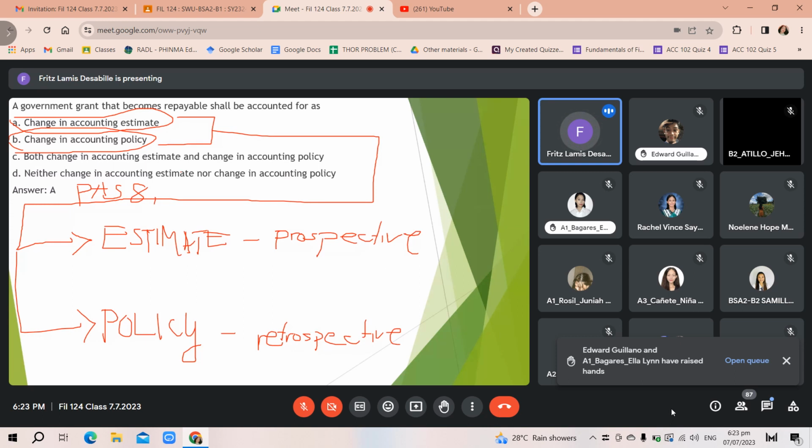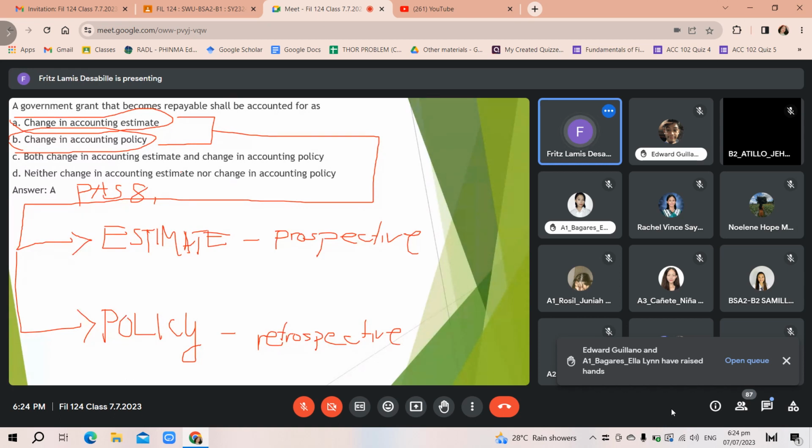If we initially are using the straight line depreciation method, sa ato ang pag-depreciate sa PPE, pero gi-change nato because we determined that the more proper depreciation method used would be the output method. So that is just a change in estimate.